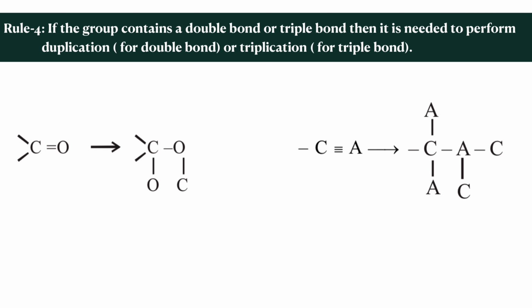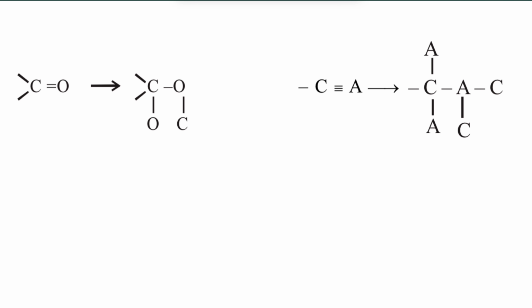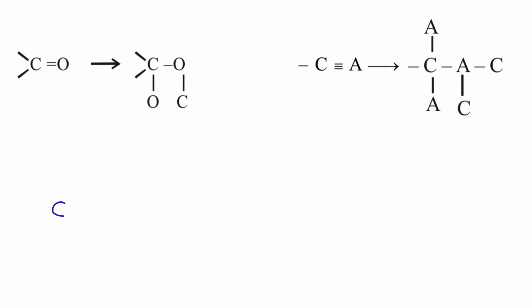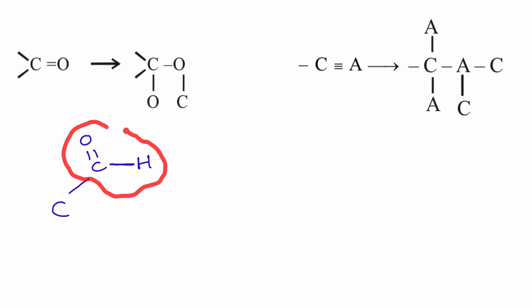For example, here we have a group, that group is carbon with a double bonded oxygen. So what is meant by this? To explain in a better way, this is the carbon and here we have C double bond O and something like hydrogen or methyl group, whatever it may be, and this is the group we are talking about, and this group has a double bond like this.